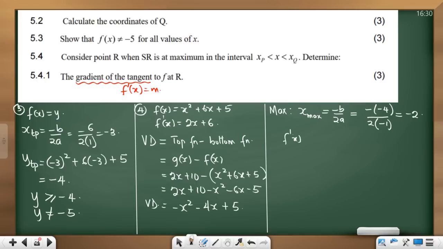F prime of x is equal to m. So what is f prime of 2, which is equal to m? We go back and substitute our 2 there. What do we have? 6 minus 4, and the answer is 2. So just follow the language. Note the principle per language.